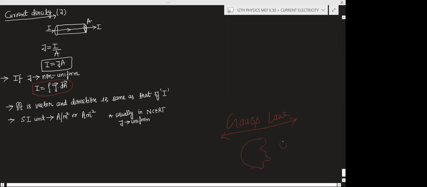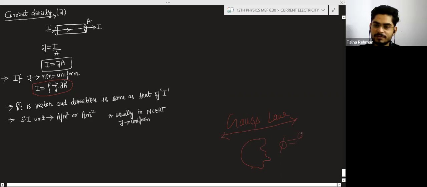Very good. Means if you are placing a charge Q inside a closed surface, then the electric flux, this phi, is known as electric flux, and it is the charge divided by epsilon zero. Have you written it now?